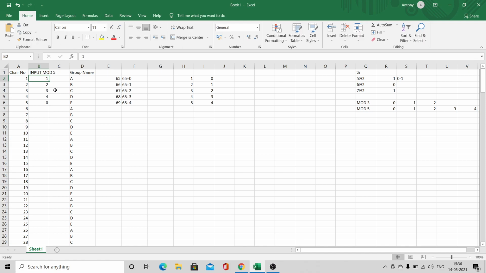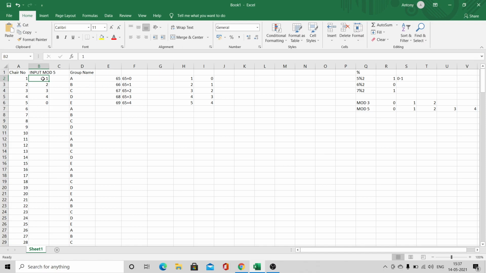But here you are not supposed to add 1, 2, 3, 4 and 0. Instead you have to add 0, 1, 2, 3, 4. So just a small rearrangement is required here, right?